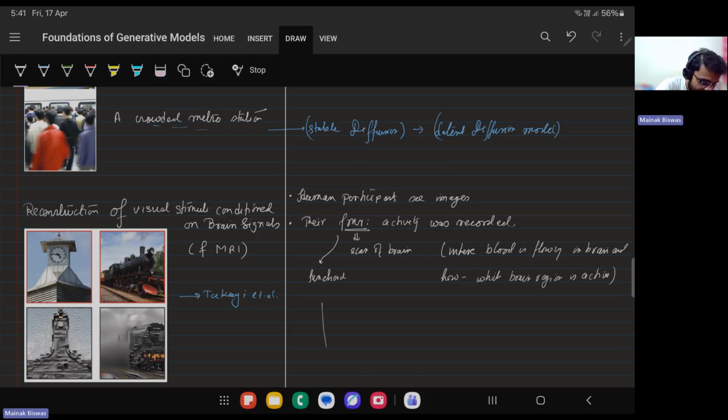So given this fMRI activity, say this is an fMRI activity, we have flattened the fMRI activity, which is a 4D scan, because your brain is X, Y, Z and scanned over time. So we flatten it and pass it through a generative model. Here too, it was a diffusion model, and then it was able to recreate what you saw.